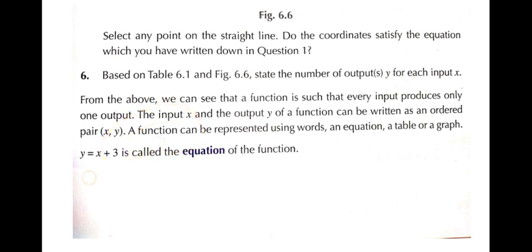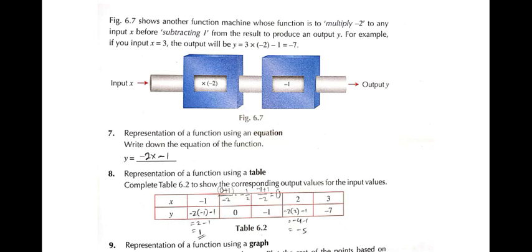Again, this one is called the equation of the function, which they put in bold because that will be the one that we are going to focus on for the next topic. Okay, this is just another example. Using words, the function is multiply any x by -2 before subtracting 1, right?